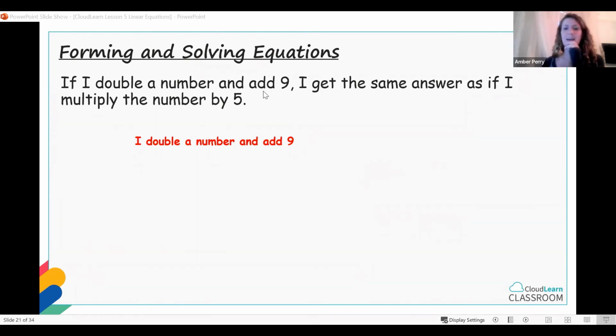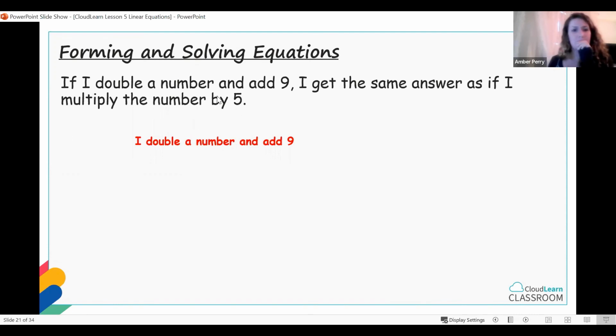If I double a number and add 9, I get the same answer as if I multiply the number by 5. So again, we're going to form an equation for this statement. We'll choose a letter, and we'll probably choose x because we're mathematicians.